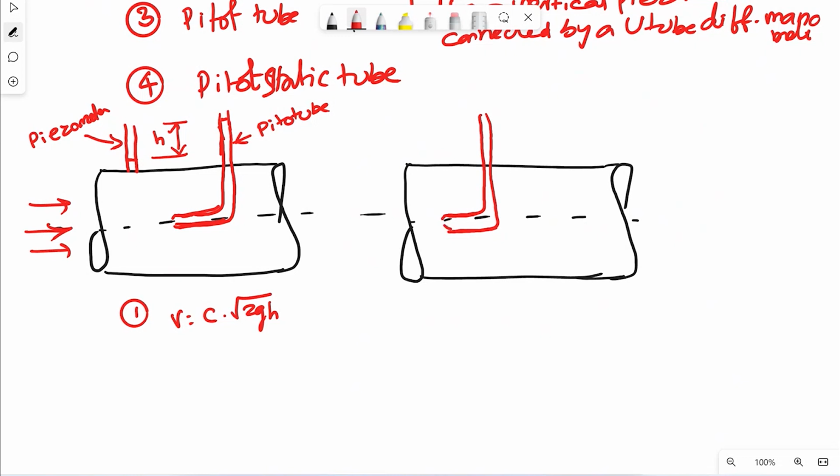The pitot tube and the piezometer are connected like this, and these two are connected by a tube. Because the pressure here will be more and the pressure here will be less, this is how it is going to be in the tube. Measure the difference h. This is the second one, and here also V is equal to C root 2gh.